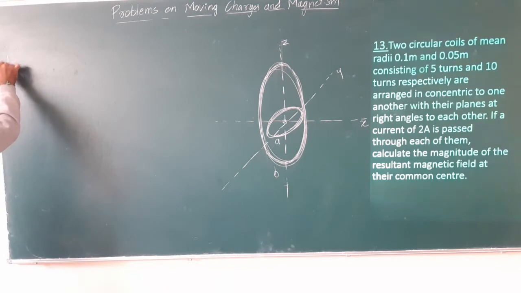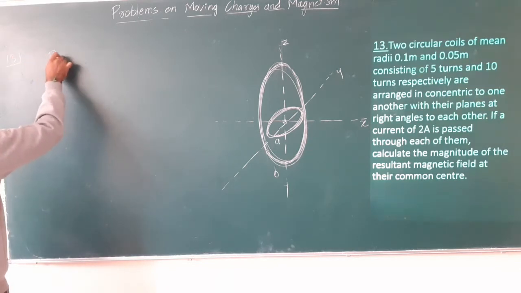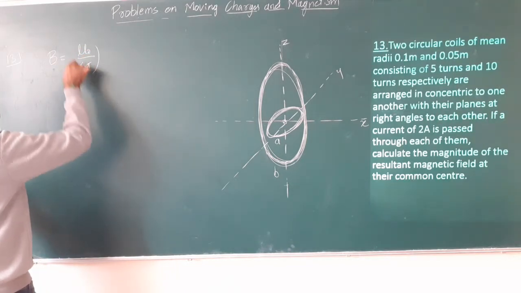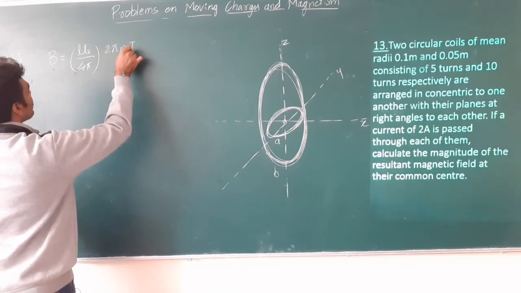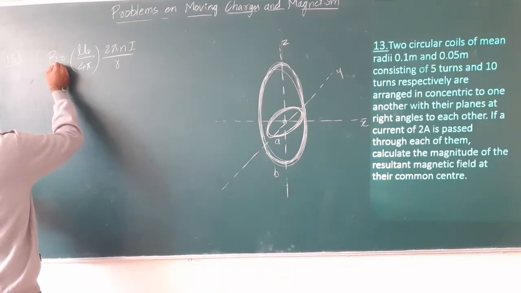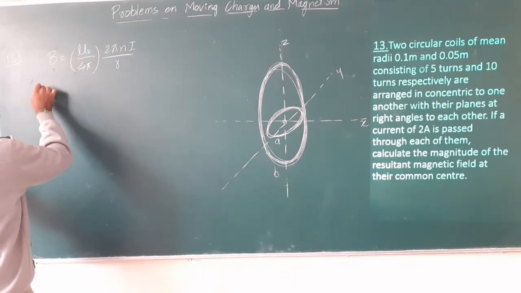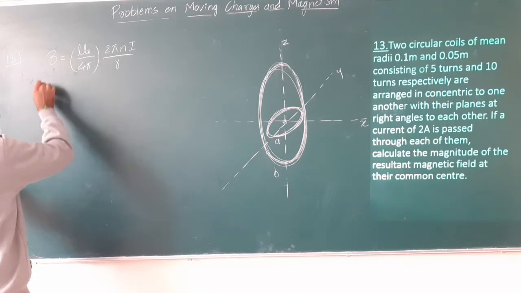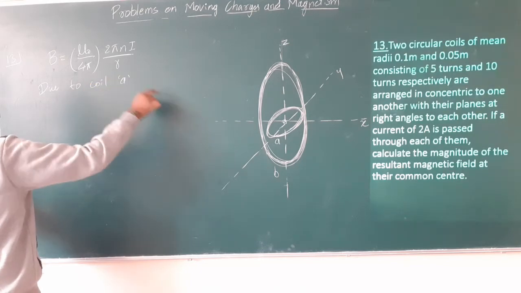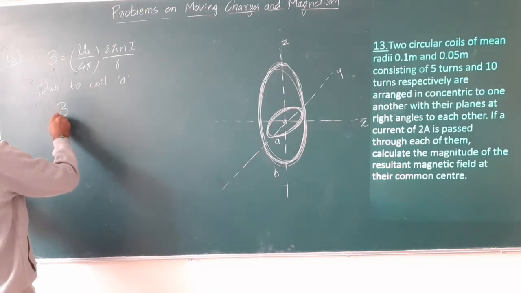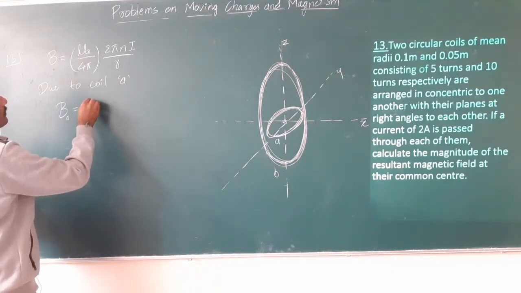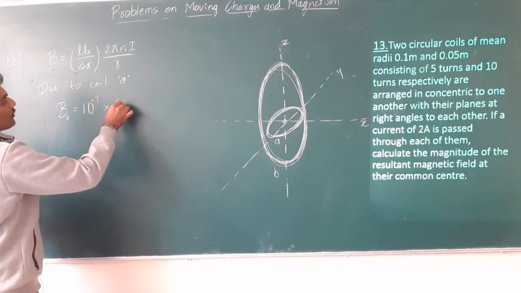So, question number 13. The expression for magnetic field at the center of the coil, we all know, is mu naught by 4 pi into 2 pi Ni by R at the center. So we can directly take the formula. Due to coil A, we have magnetic field BA, equal to mu naught by 4 pi, 10 to the power of -7, into 2 pi, 6.28.